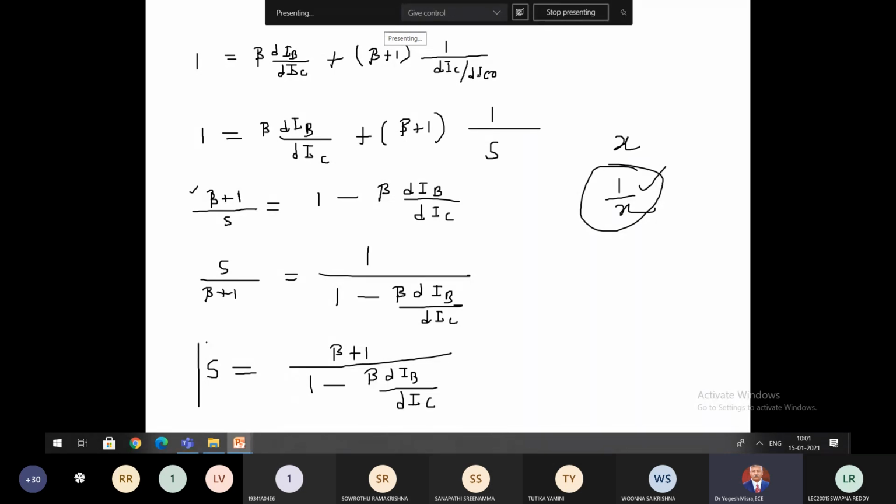So this is the expression of the stability factor, right? This is the expression of stability factor.